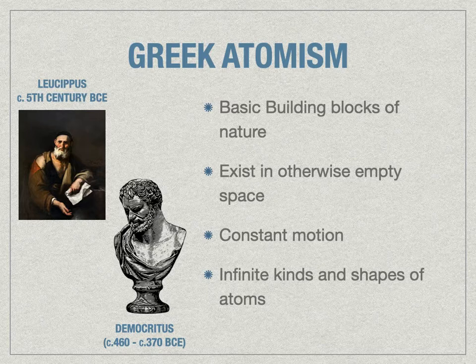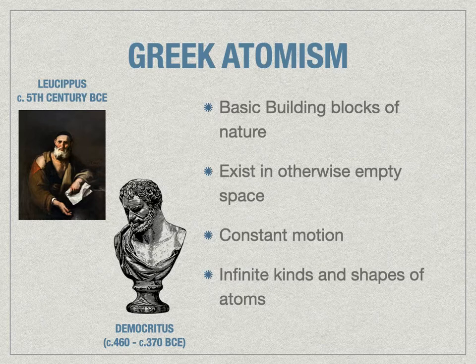They were wrestling with the philosophical question of infinite divisibility versus fundamental particles, and they simply fell on the side of there having to be fundamental particles, and there are philosophical reasons for wanting to take that particular position. Democritus was a student of Leucippus, and most of what we know about Democritus actually comes from the writings of Aristotle, where he grapples with this atomic theory and eventually comes to some other conclusion.